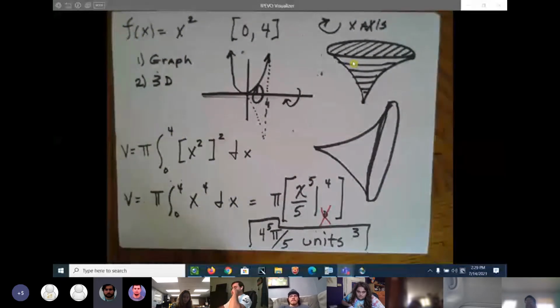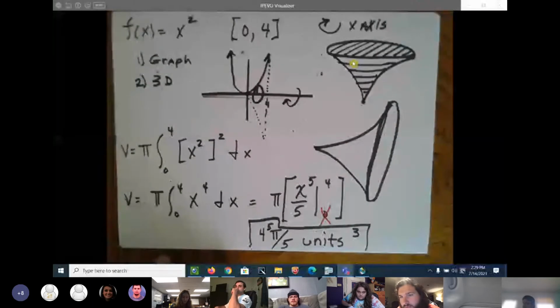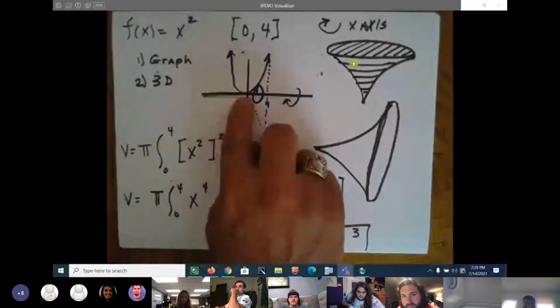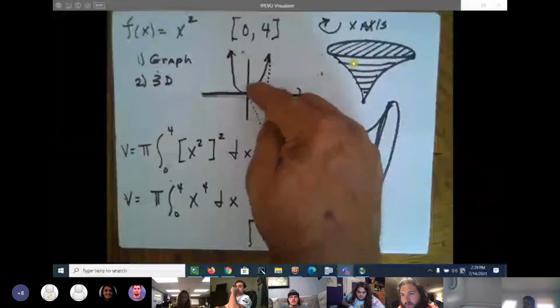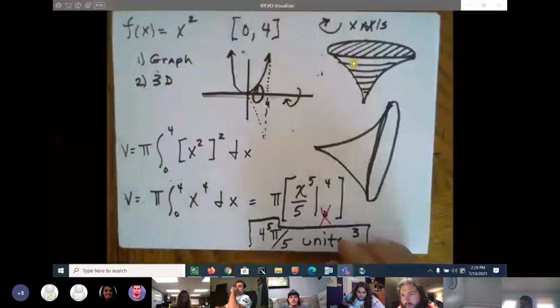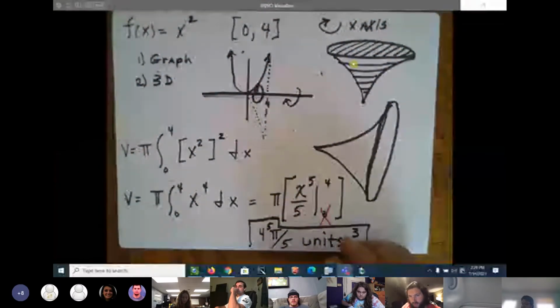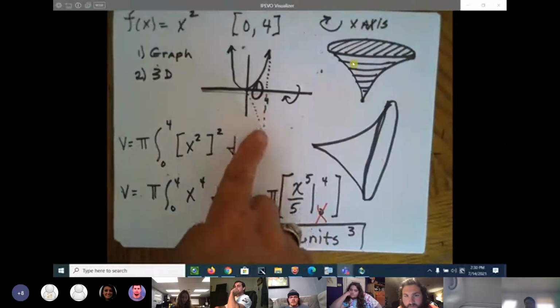So when you said the top part, since it's volume, wouldn't it be like the whole cone? Wouldn't that be what we found, 0 to 4, right here? Yeah, it'd be like the whole cone. It wouldn't just be the top part, correct? I don't understand what you're saying. So you see how there's a circular part, and then the part that starts at 0 to 4.